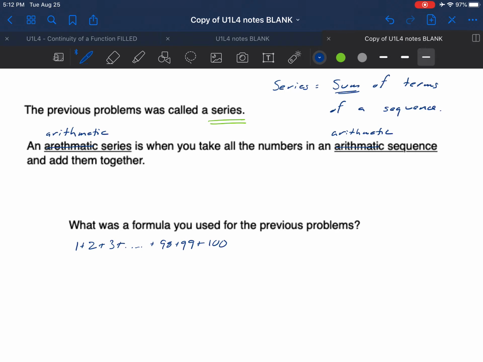Well, we could really regroup those and say this is really equal to 1 plus 100 plus 2 plus 99 plus 3 plus 98. And maybe you guys are starting to see this pattern. So we're going to have these pairs of sums. The last pair will be 50 and 51. Okay? Now what you might notice is that all of these individual pairs add to 101.